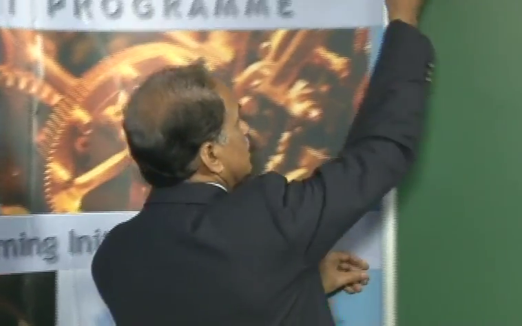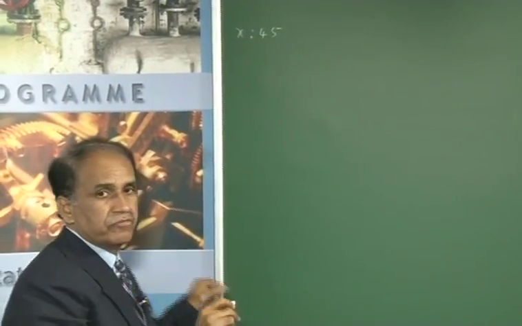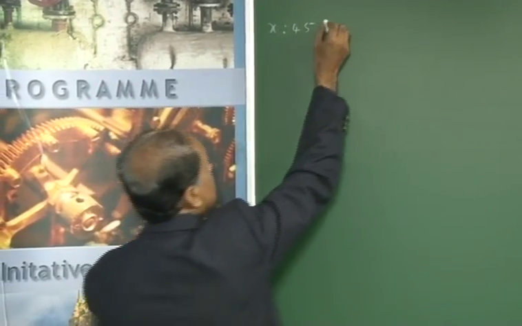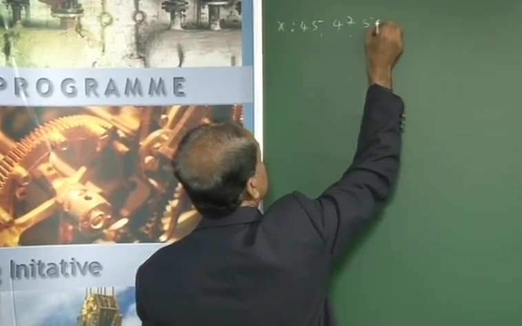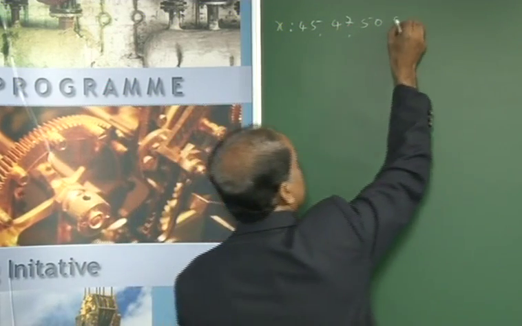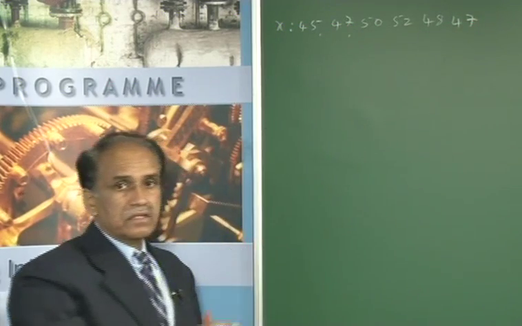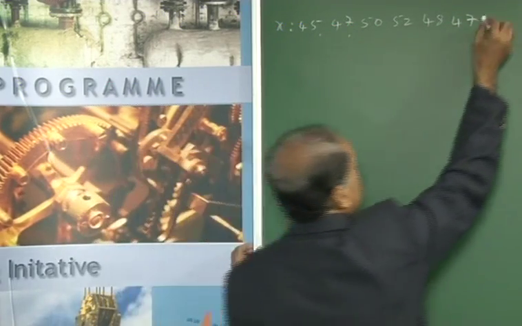Now here is the test that we are going to apply. We will see the value of t, how it behaves with the table values, and what conclusion we draw. Here x takes the values 45, 47, 50, 52, 48, 47, 49, 53, 51.